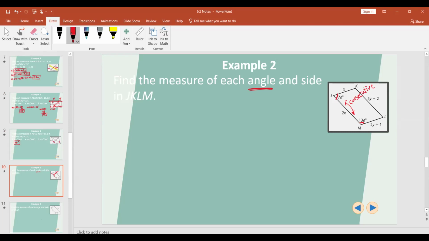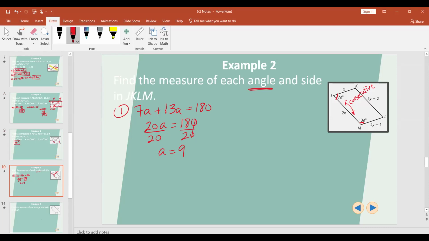Let's go ahead and find A first. So our first step is we have to find our variable. So 7A plus 13A equals 180 degrees. Go ahead and combine this. I get 20A equals 180. They were so kind to make the numbers nice and even. And so A equals 9.